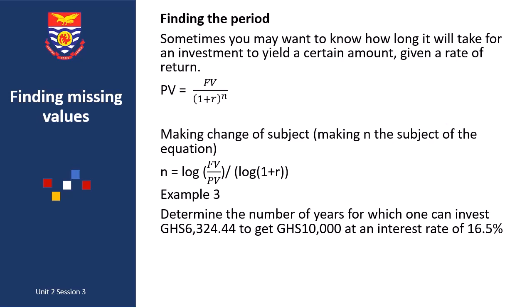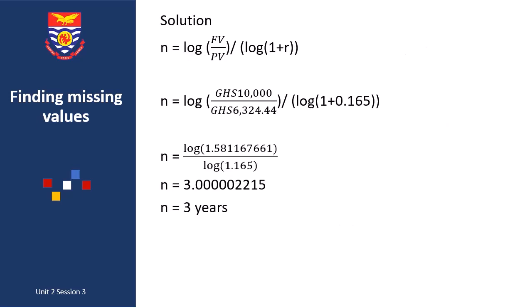Determine the number of years for which one can invest 6,324.44 to get 10,000 at an interest rate of 16.5%. So you have to determine the number of years.